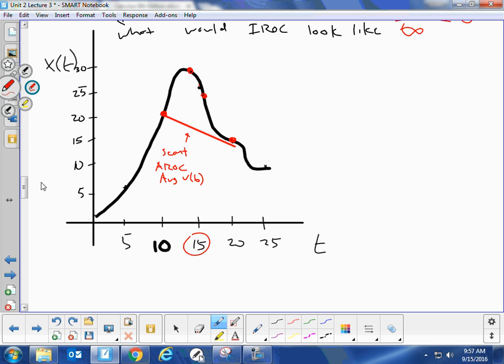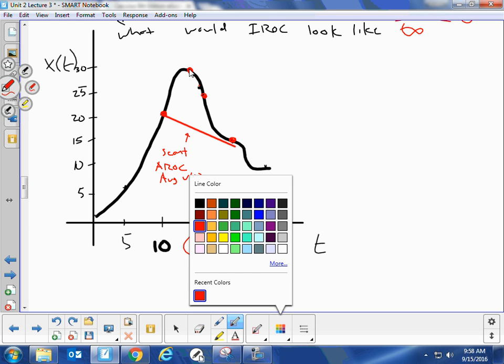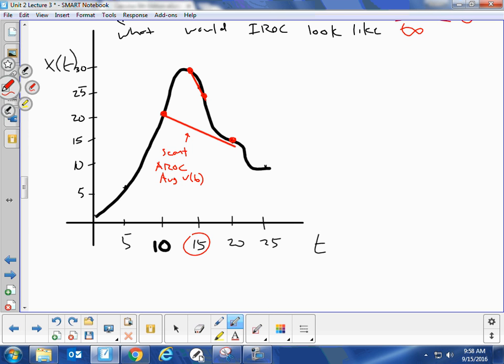And I said, okay, well, maybe this will give me a better approximation of what's going on right at 15. So this also was an average rate of change. Gives me the average velocity.